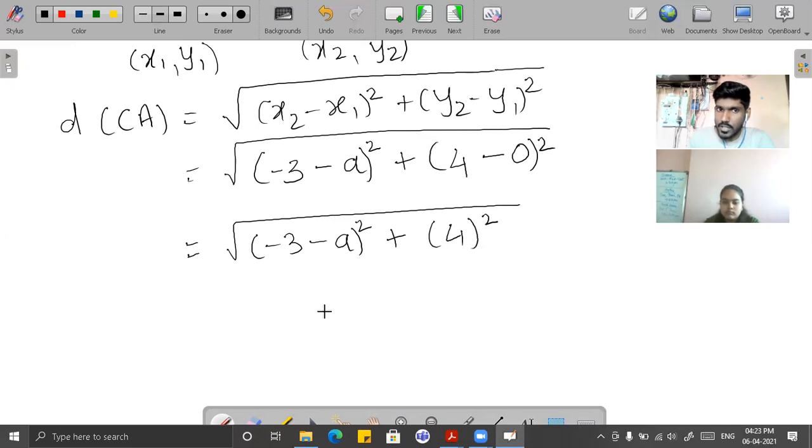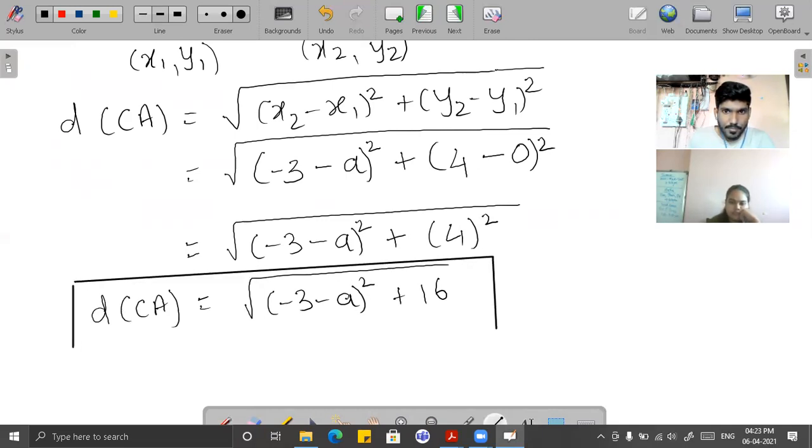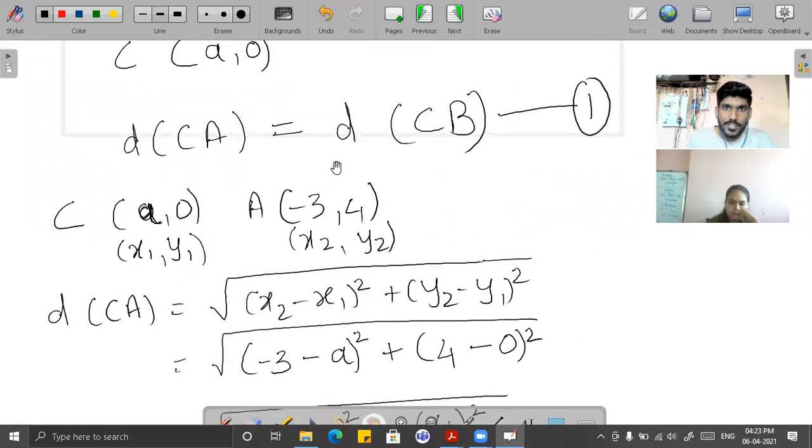So this becomes 4 squared, which is 16. So I'll keep it as it is: the square root of 3 minus A the whole square plus 16. Is this clear? Yes. So this is distance CA. Finally, we'll substitute this in equation 1.